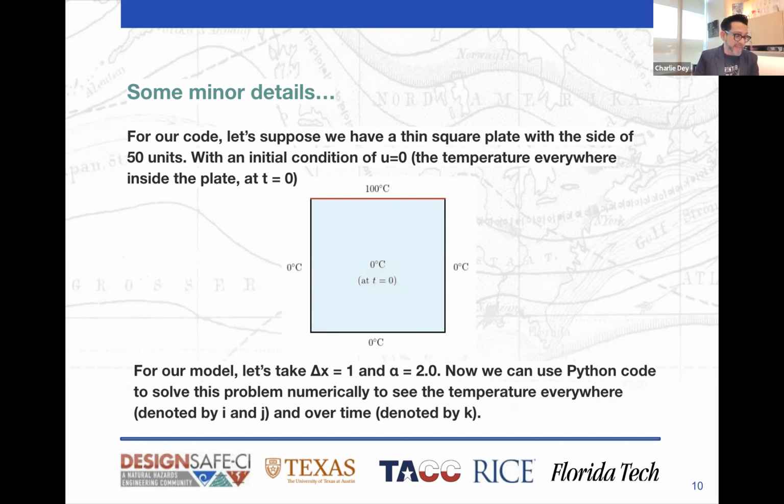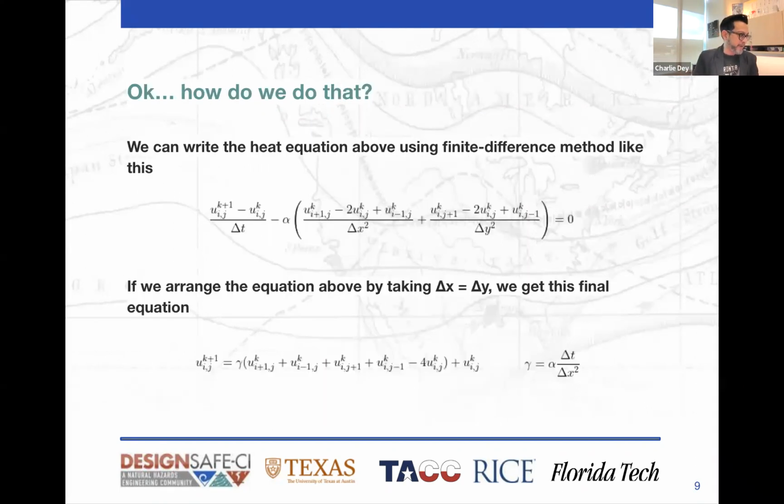We're going to numerically calculate the temperature everywhere denoted by i and j, so we're going to iterate through i and j, and then iterate that over time, which we're going to call k. So here we go, back to our equation. U superscript k plus 1, U sub ij is equal to this entire equation. We're just going to calculate i's and j's, and every iteration will be the next iteration of time.